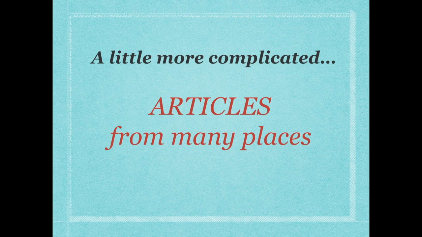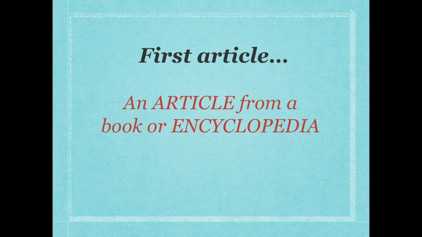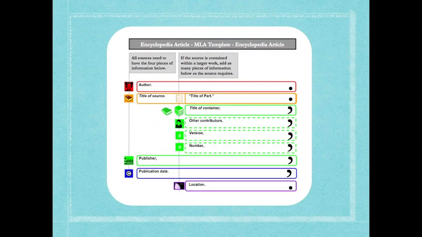And a little more complicated, articles from many places. Here we have author of the article, title of the article, name of the container, and then maybe editor, maybe numbers, publisher, date of publication, and page numbers. First article, an article from a book or encyclopedia.